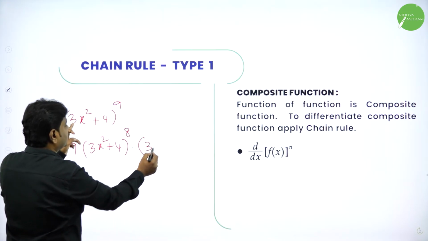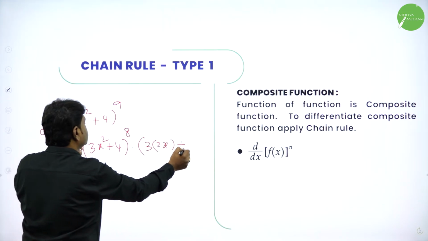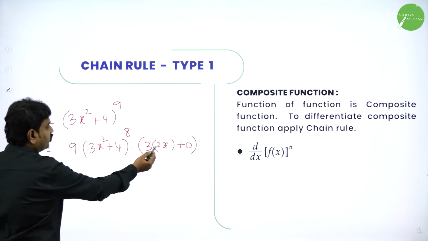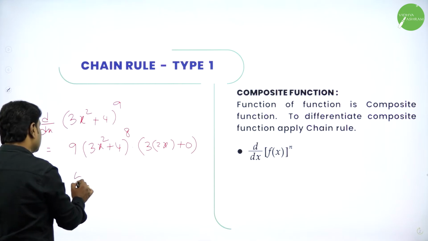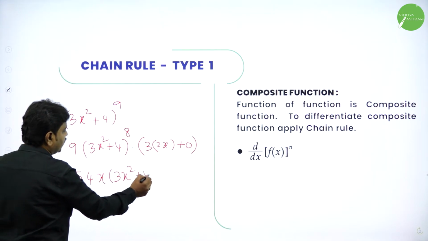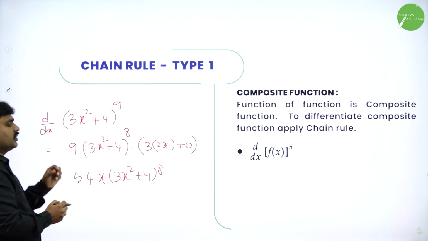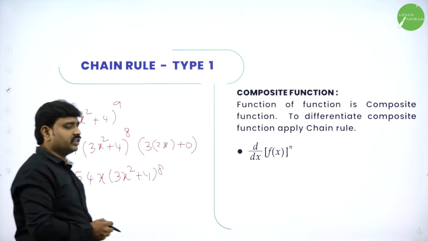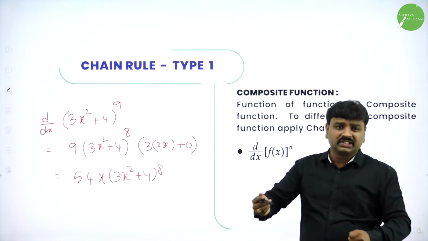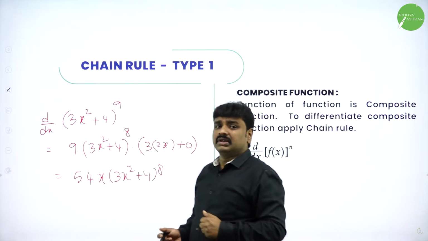Inside, if I differentiate, 3 into the derivative of x square is 2x, plus 0. So in one step I have done the same problem. 3 2s are 6, 6 9s are 54, x into (3x square plus 4) power 8. In further classes I will be doing it like this, and you can also reduce the steps, but to begin with, you write all the steps so that you will get the grip of the subject.